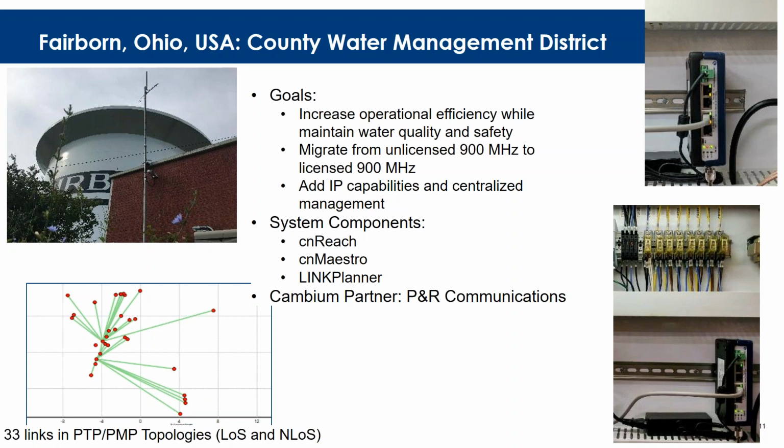So this was being able to take advantage of cnReach's ability to do both licensed and unlicensed, so it really helps with that migration. And it also allows you to mix and match some licensed and unlicensed spectrum in the same network.